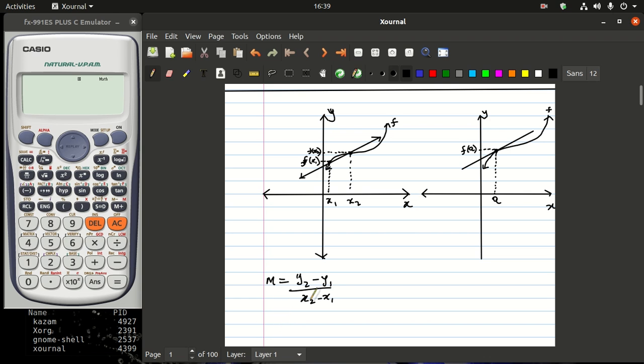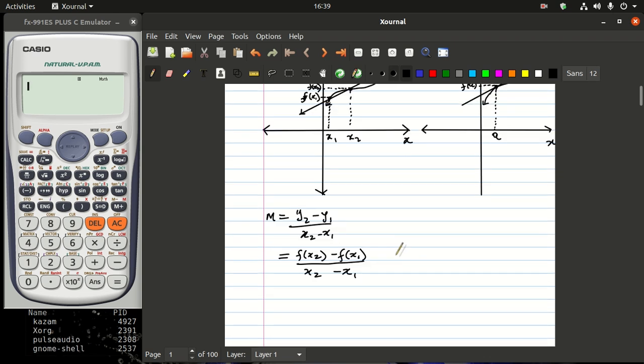And if we don't have x1 and x2, we can say that y2 is f of x2. So it is f of x2 minus f of x1, and in the denominator you have x2 minus x1. That was our summary of lecture 22.